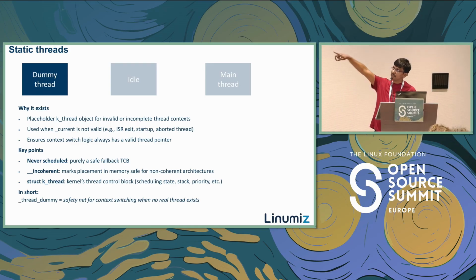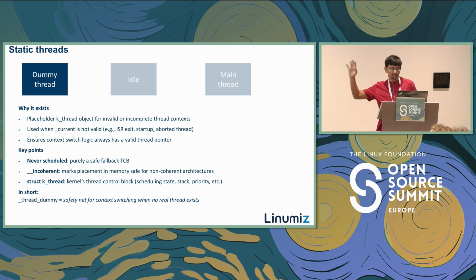That's why there is a placeholder called the dummy thread, a safety net to avoid the null pointer exception. This dummy thread is created but never scheduled or used as part of the init sequence, but it lives in the target. I will tell you in a moment why it is important to speak about it.